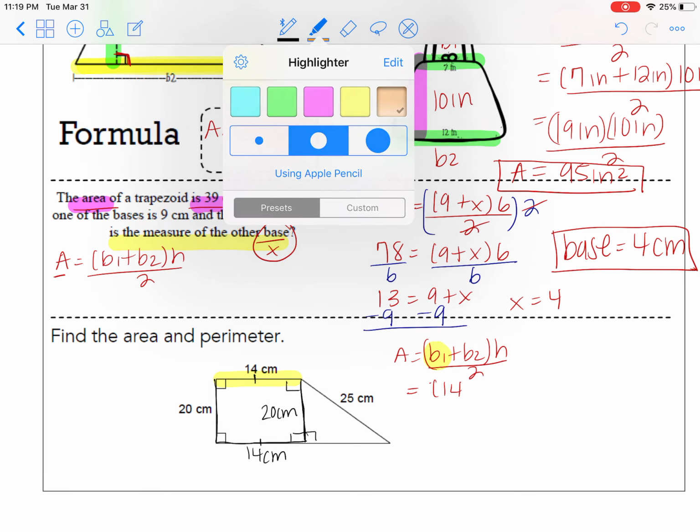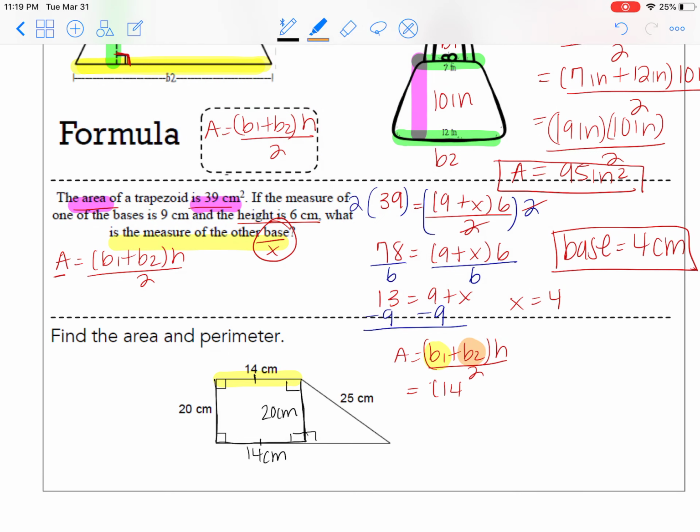We are looking for our base 2, which we need to be able to figure out. The segment of this right triangle, this side right here, in order for us to find the whole base 2.